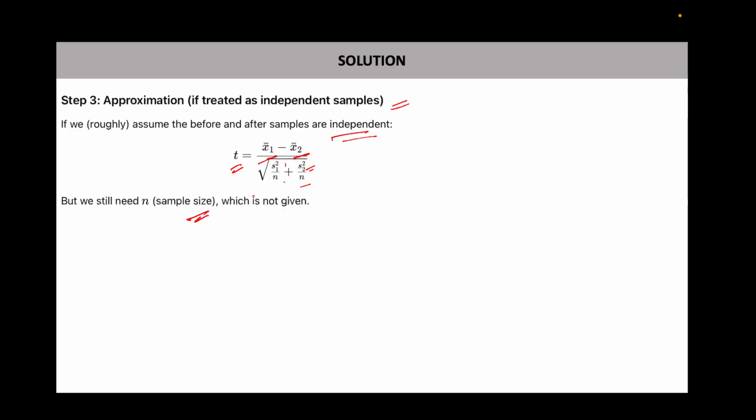The question only states the means and standard deviations, so n1 and n2 are missing.